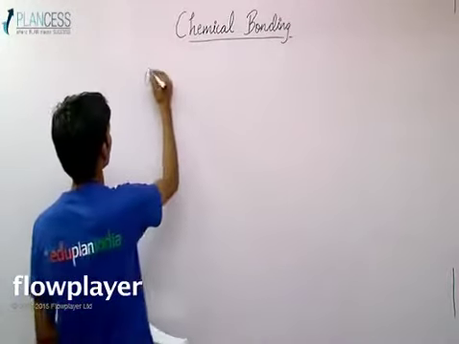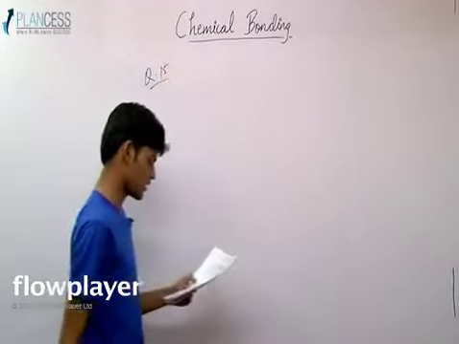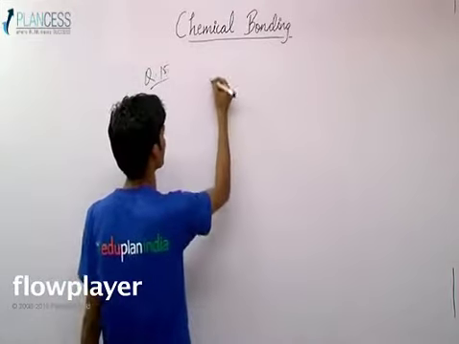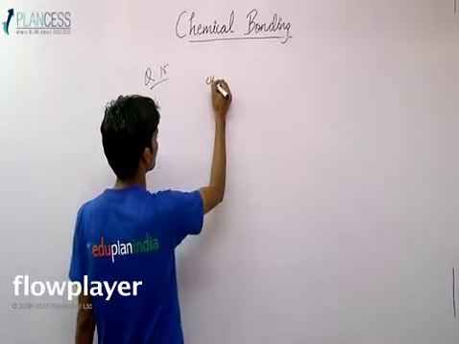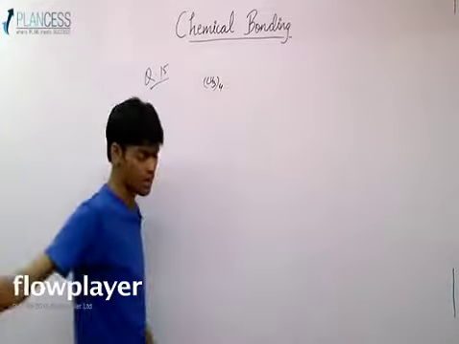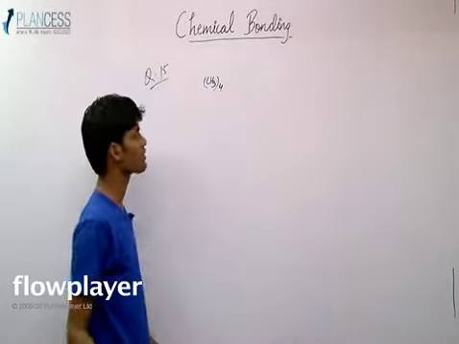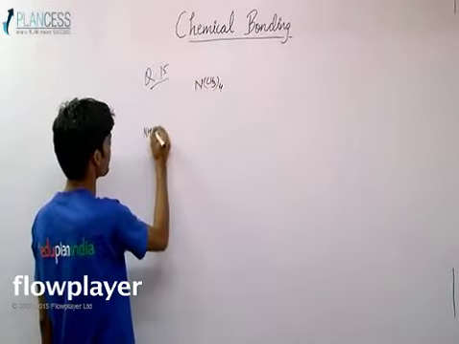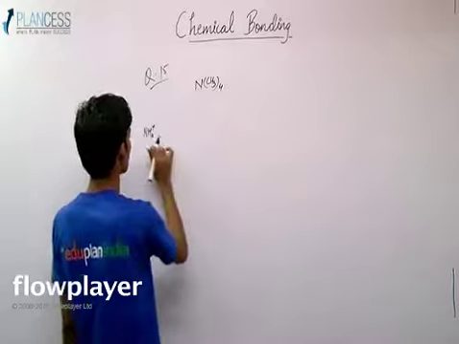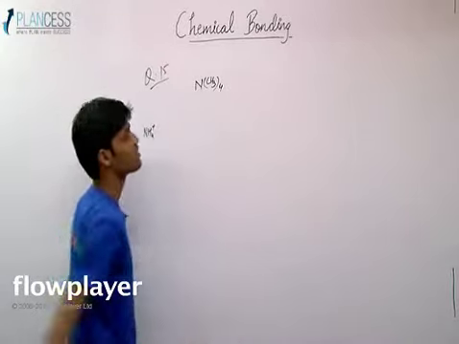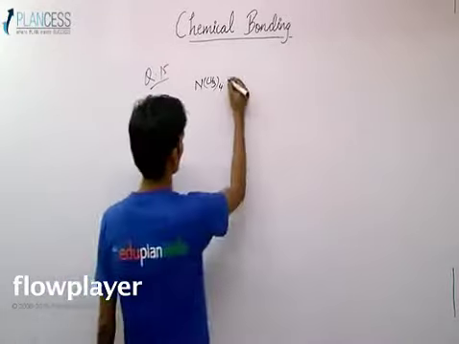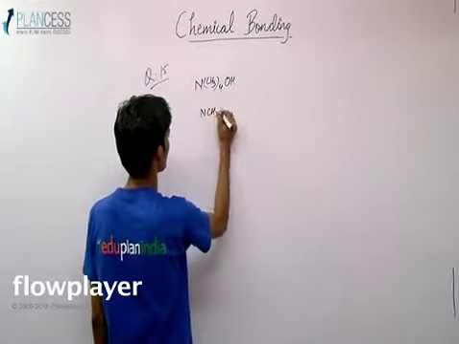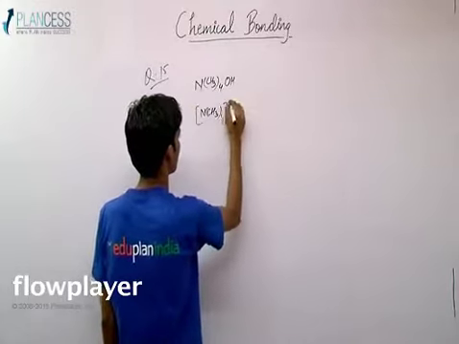So question number 15 is about tetramethyl ammonium hydroxide. What would it mean? Tetramethyl would mean there are 4 methyl groups. Tetramethyl ammonium hydroxide would mean that the ammonium ion is NH4 plus. So when we say tetramethyl ammonium, each hydrogen is replaced by one methyl group. So it would be something like NH3 plus and OH minus.